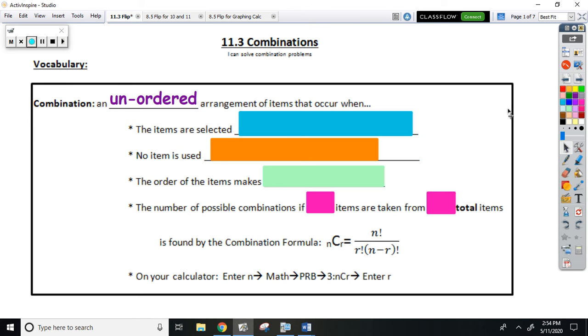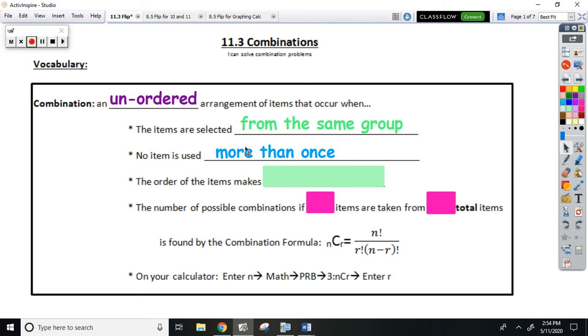So it wouldn't matter if you were picked first or third, you would get the same thing. Therefore, it was an unordered arrangement. The items that are selected come from the same group, and no item is used more than once. Again, the order of the items makes no difference.